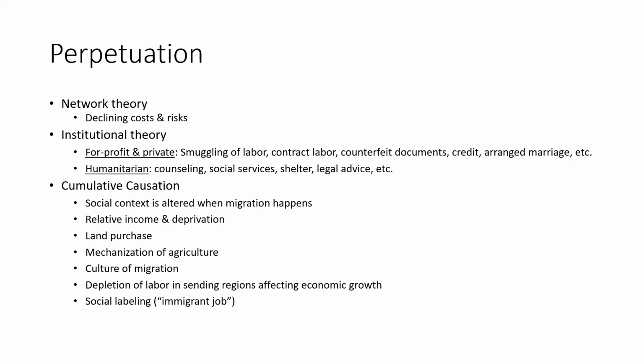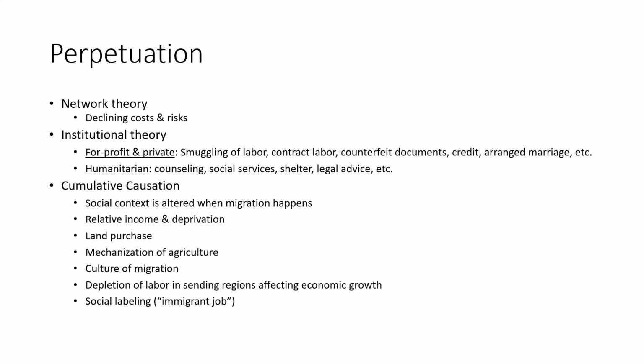And the last theory that pertains to the perpetuation of migration would be the cumulative causation theory. According to this theory, each migration flow is going to alter the social context and the environment of the places of origin. People who migrated to other places, in most instances, their income increased.